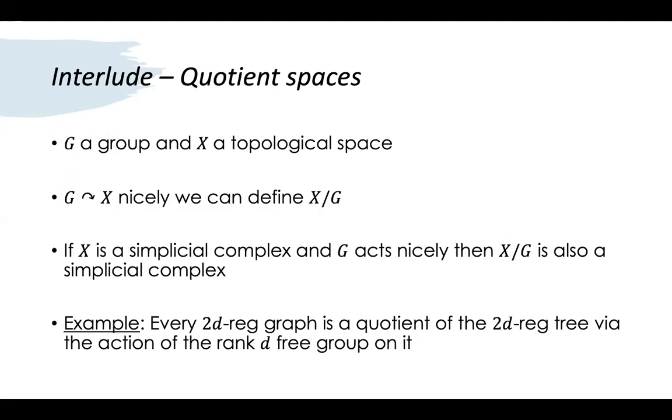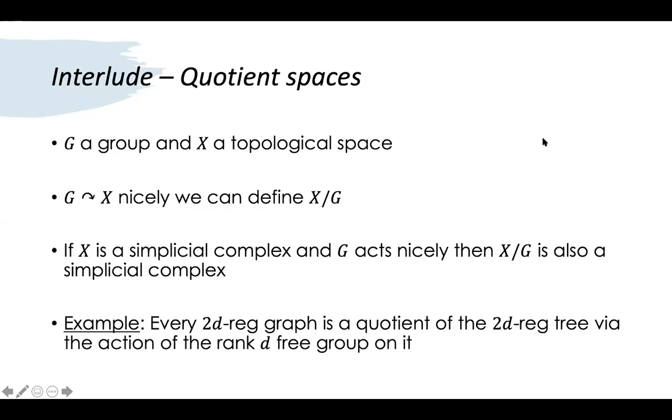So this is just reversing the idea of what we talked about in the last slide. Instead of taking a space, looking at its universal cover and having an action on the universal cover, we can take an action on the universal cover and translate it to something small, which is the quotient by this action. So you have a group, you have a topological space. The group acts nicely on this topological space, and you can define the quotient space, which is, as I said, just the orbits under this action.